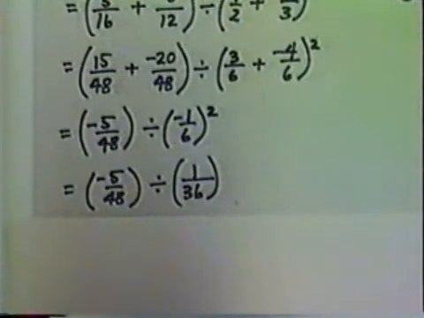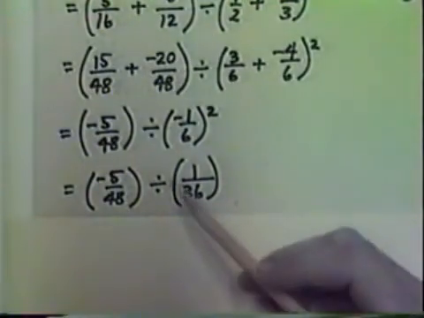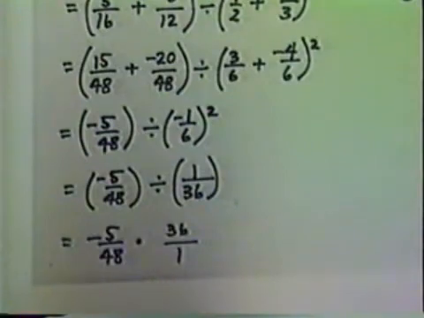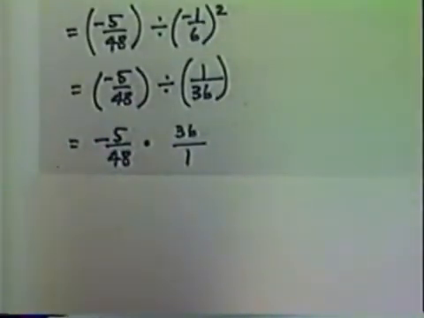Now we have to divide fractions. To divide fractions, we take the reciprocal of the second one and multiply. And so we get -5 48ths times 36/1.